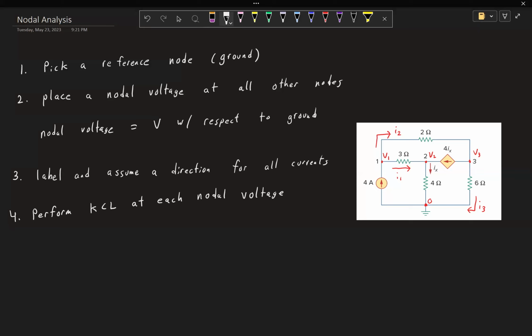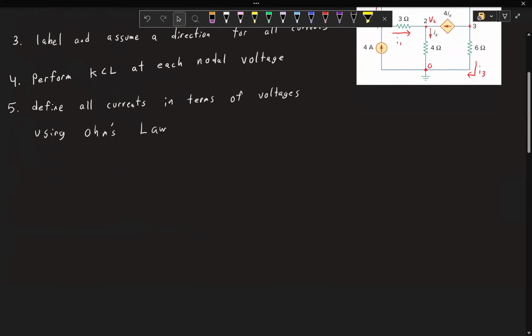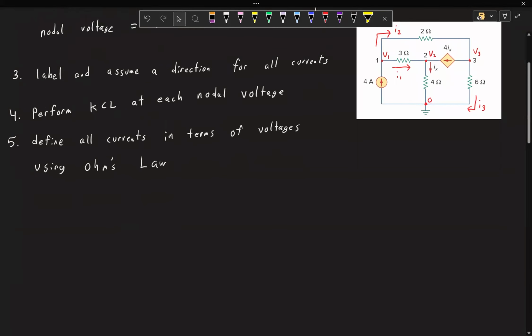And then step five is to define all of the currents in terms of voltages. And the way you're going to do this is using Ohm's law. So I'll do a quick example of what this means.